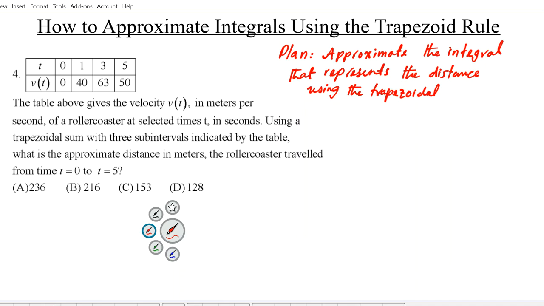There are 3 formulas that you want to keep in mind for this particular problem. Let's go over them real quick and then we can solve the problem.